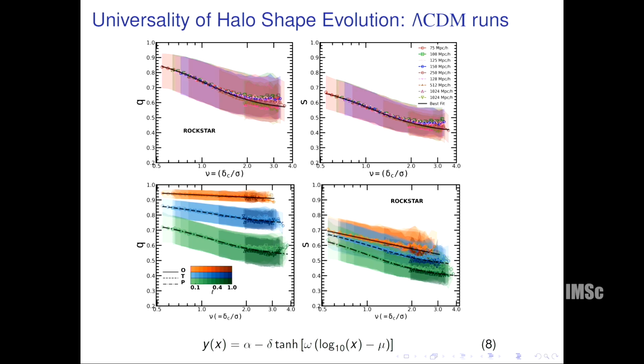So this is what we have been seeing in these simulations: the distribution follows a universal curve, and it goes from right to left. That's the evolution part.